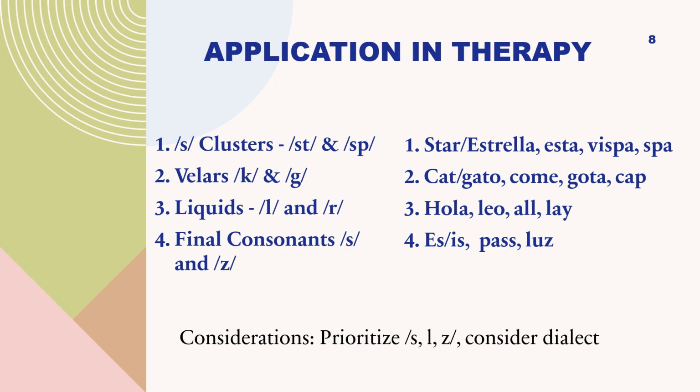That just might mean that they have a dialect that omits that S, and that's their background, that's their story. And so that's something really important to consider when you're working with bilingual kids is where are their dialects and what does that look like when you're applying it to their language skills.